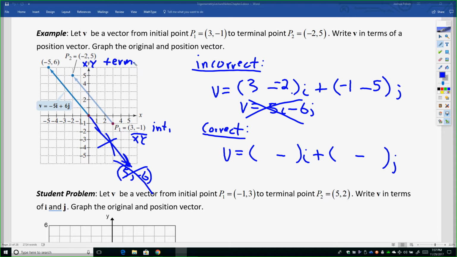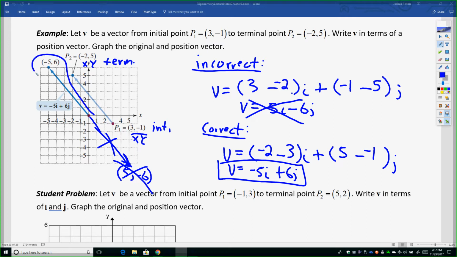So if I do that, it'll give me negative 2 minus 3 and 5 minus negative 1, which will give me the correct vector of negative 5i plus 6j. And that gives me the actual standard position vector, which is what we actually want.